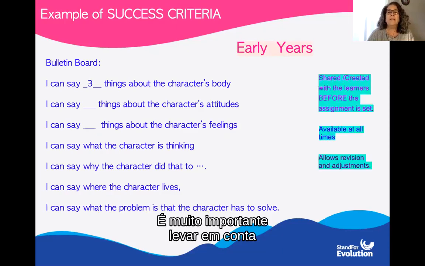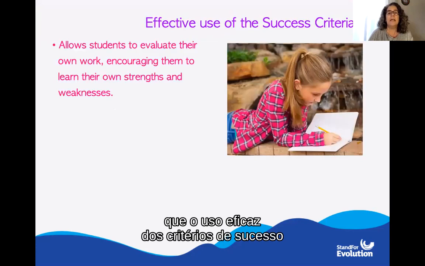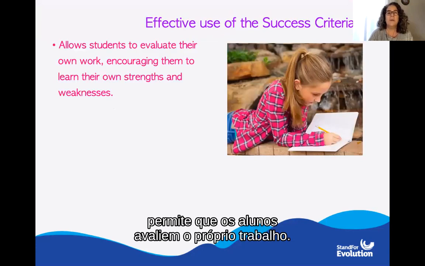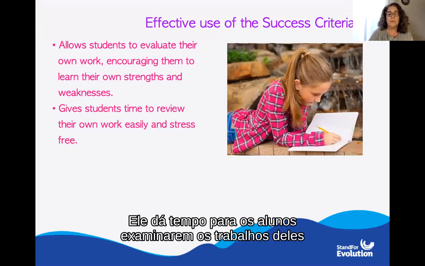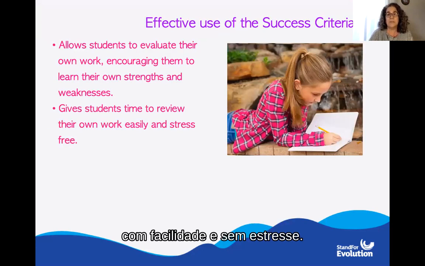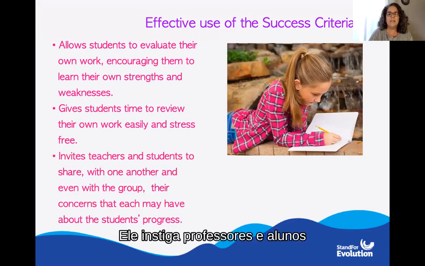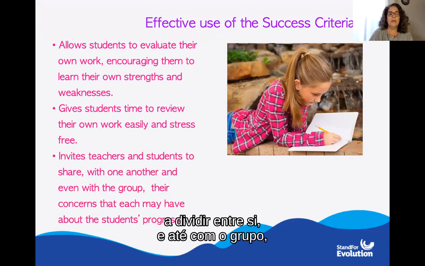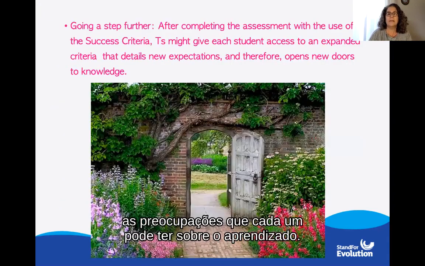Now, it's very important to take into consideration that the effective use of our success criteria allows the students to evaluate their own work, gives students time to review their own work easily and stress-free because they have time and they will have another chance, and invites teachers and students to share with one another and even with the group the concerns that each may have about the student's progress.